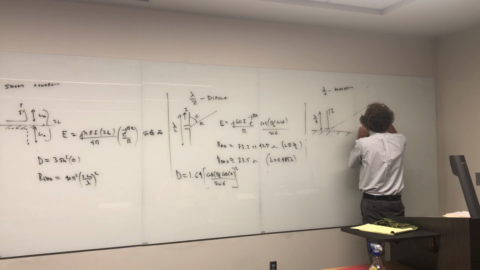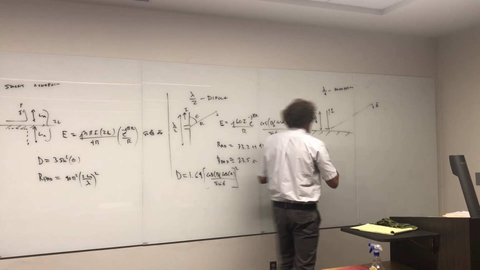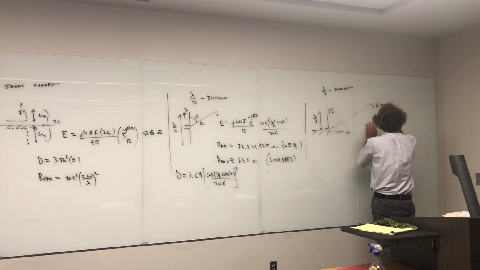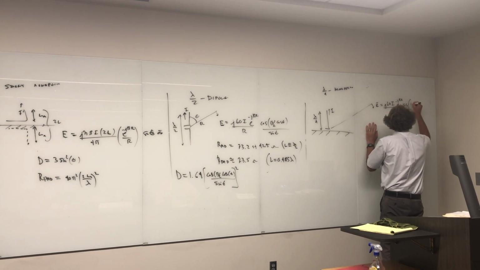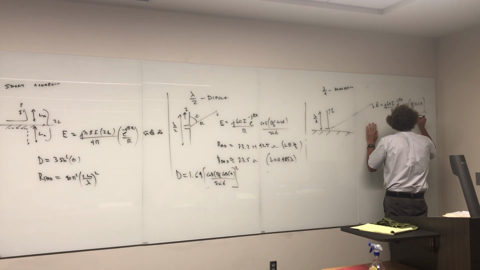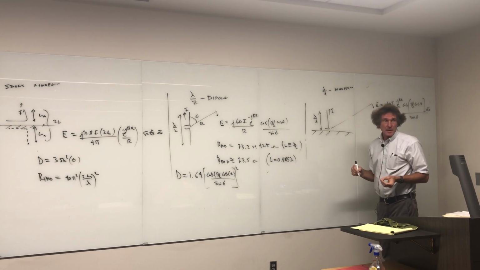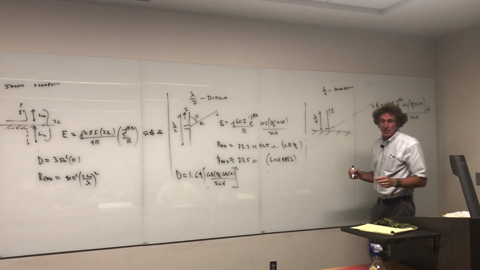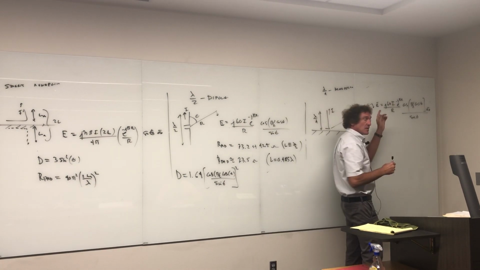If I'm out here and I want the electric field, just like I had out here, this electric field will be equal to j60 times I over R e to the minus j beta R times the cosine of pi over 2 cosine of theta over the sine of theta, in the theta direction. It is identical. There's nothing to adjust. The thing you have to know is to make sure it's a quarter wave long and make sure you know the current, and that's it. Now, that's the E field.